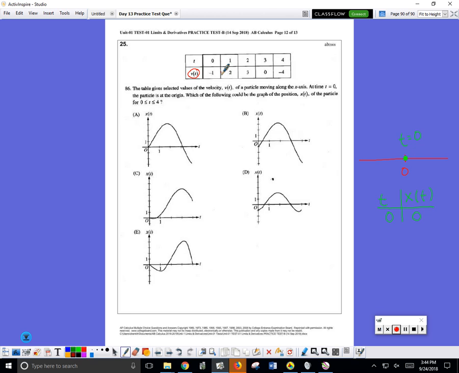So this says on the position graph, at time equal 1, the tangent slope should be 2. I don't know if that's 2 or not, but at least it's positive. At time equal 1, that slope is not positive, so you can cross it out.